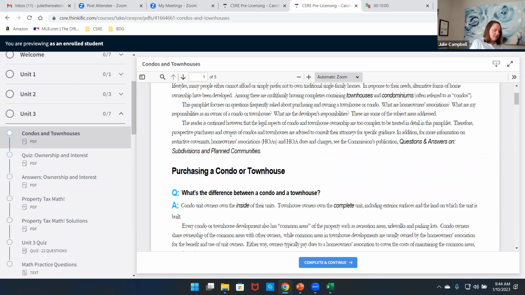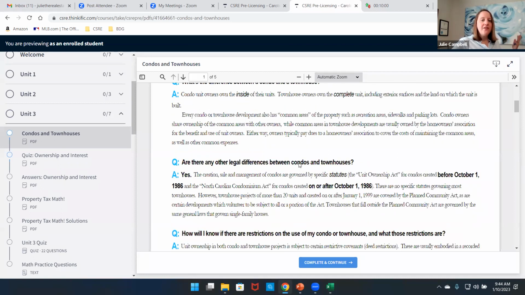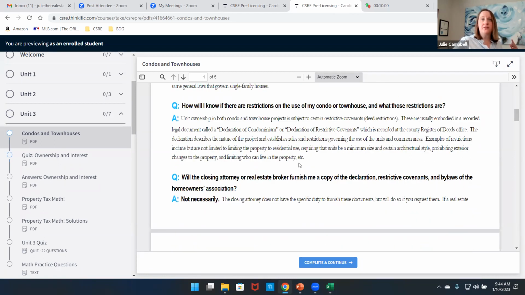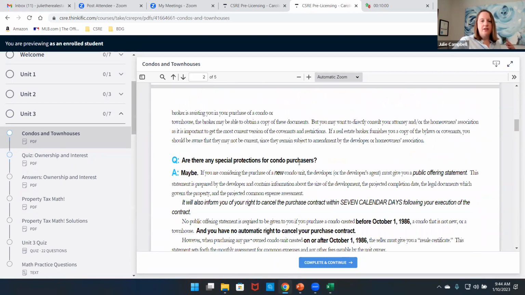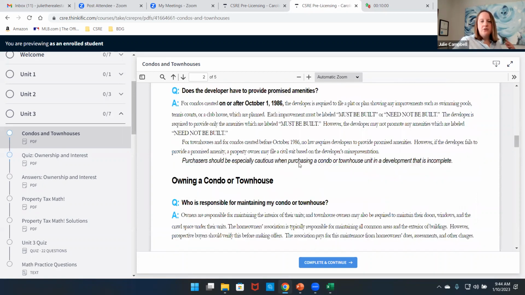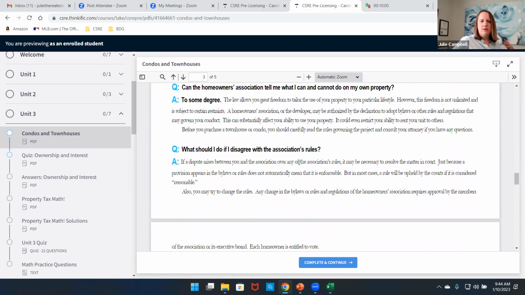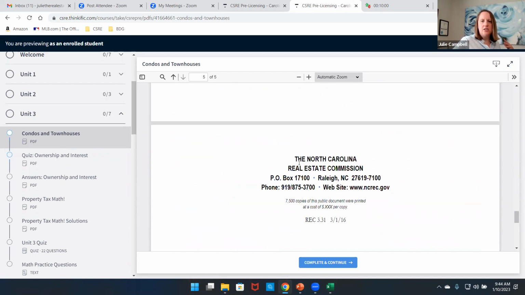All of these brochures from the commission are written to the consumer. Most of them are written to the buyer to help the buyer educate themselves before they purchase. But again, as you're learning this material, I think these Q&A brochures are good resources to help you get through it.